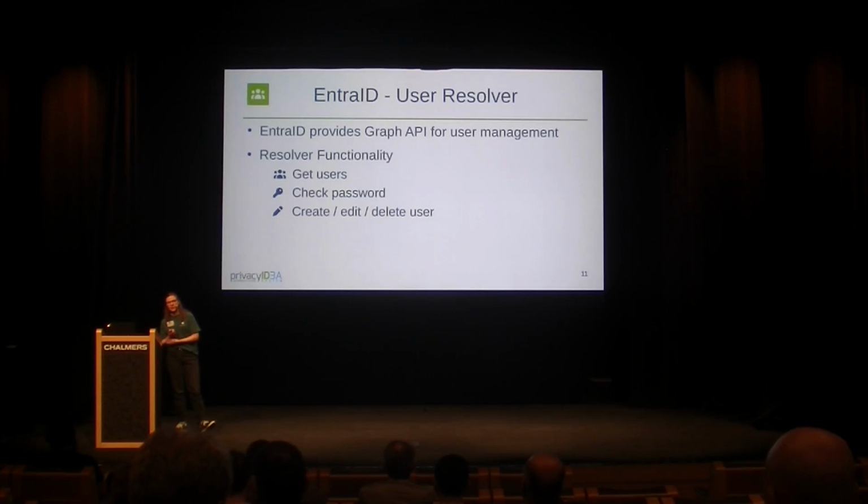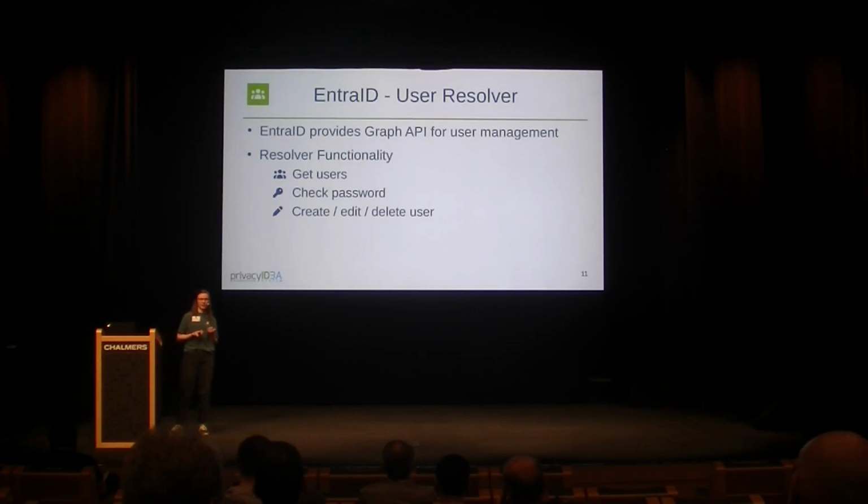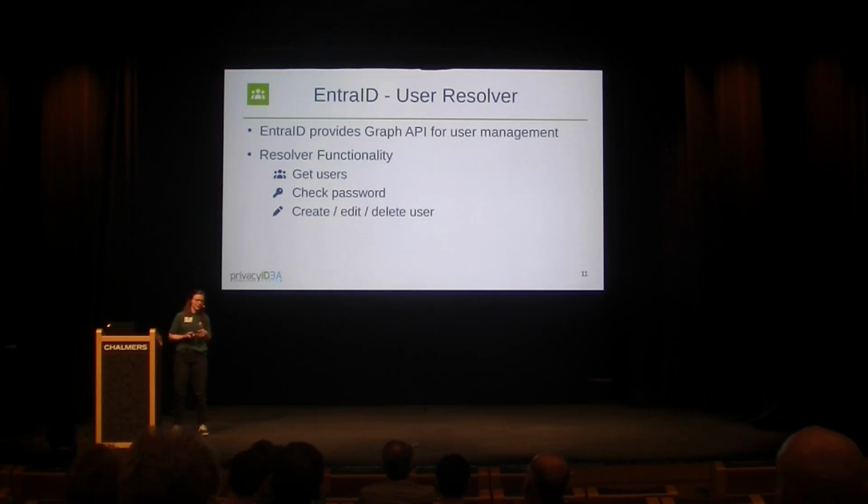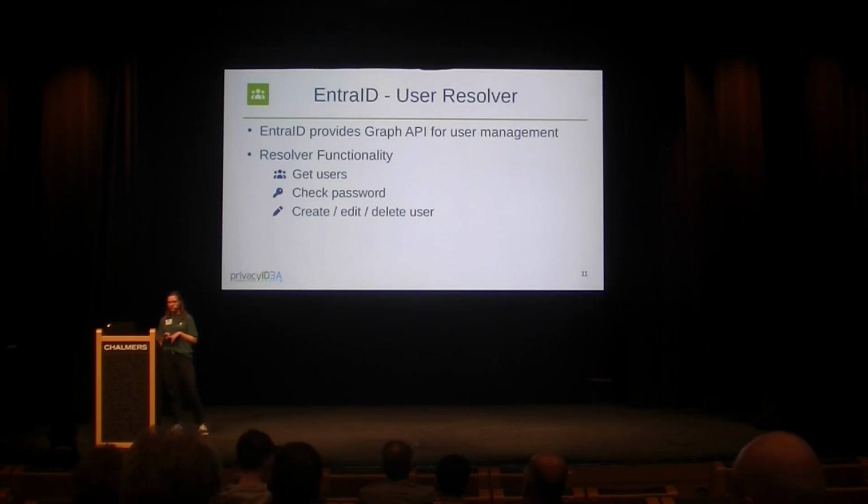So let's start with the user resolver. For this, Entra ID provides a Graph API for user management, so we could implement a resolver with the corresponding API requests. Generally, the functionality a user resolver should provide in privacyIDEA is, first of all, listing all the users, being able to filter for users, getting single users during the authentication, and then secondly, it should provide the full authentication flow to be able to check the user's password.